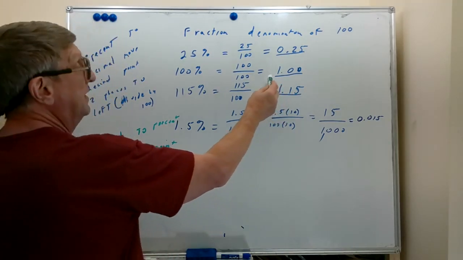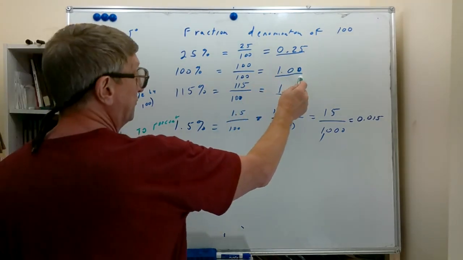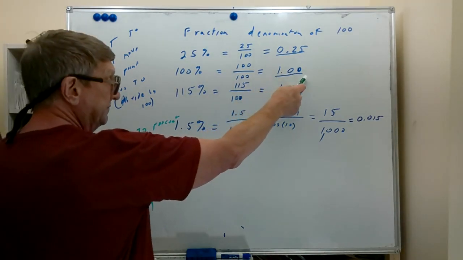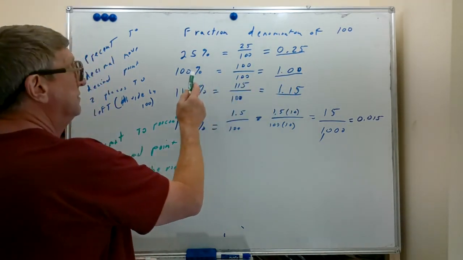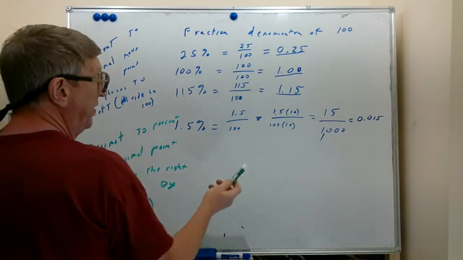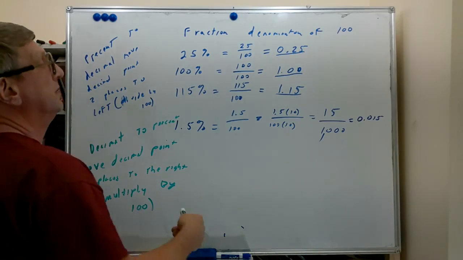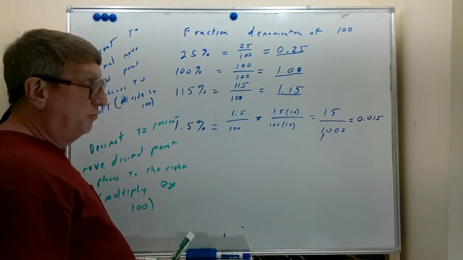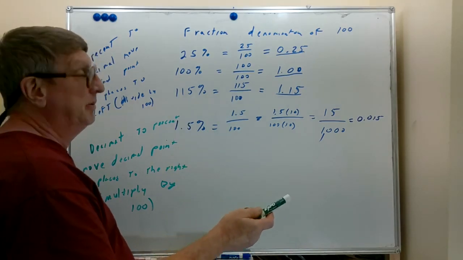Here we had a decimal version of 1.00. We move our decimal point 2 places to the right, which gives us 100%, the equivalent of multiplying by 100. 1.15 was our decimal version. We moved the decimal point 2 places to the right, which is equivalent to multiplying by 100.